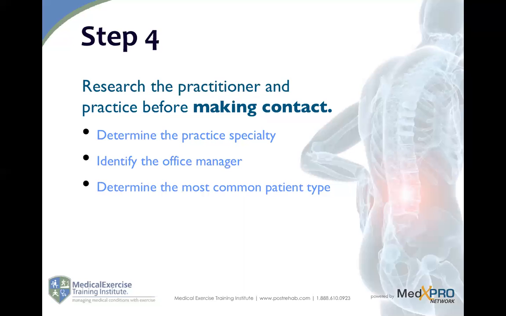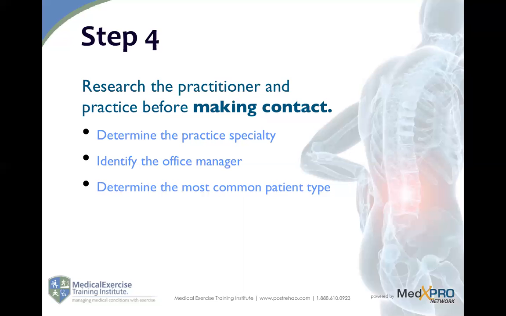Once you find the specialty, you should also be able to determine the most common patient type that they see. Are they seeing primarily pediatric orthopedics, or are they seeing more geriatric orthopedic individuals with total joint replacements? So it becomes important that you know a little bit about the practice before you go in, and that starts with knowing the practice specialty, getting the first and last name of that office manager.